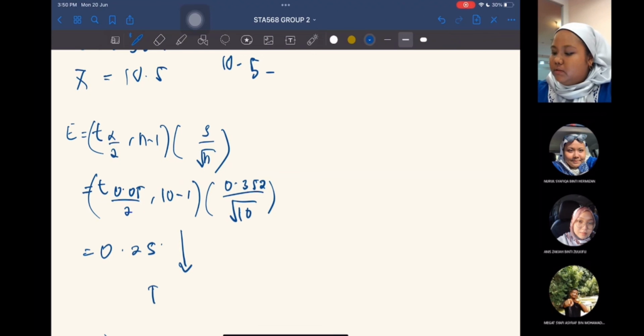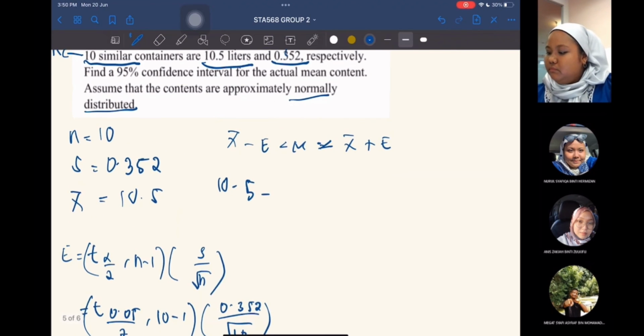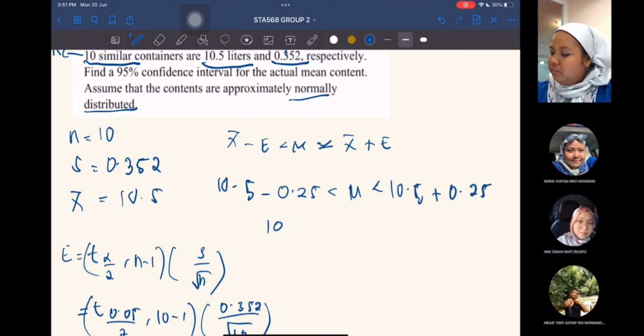Here we use table 7. So 10.5, we minus the 0.25 that we got earlier, less than mu, less than our x bar again, which is 10.5, and then we add our margin of error, 0.25. Then we get 10.25 less than mu less than 10.75.